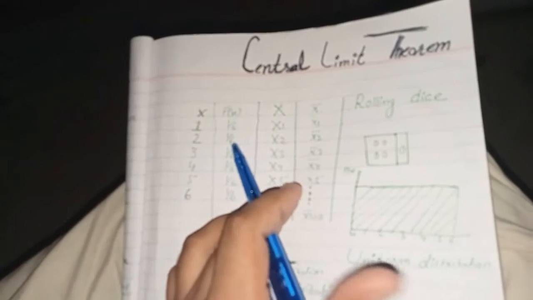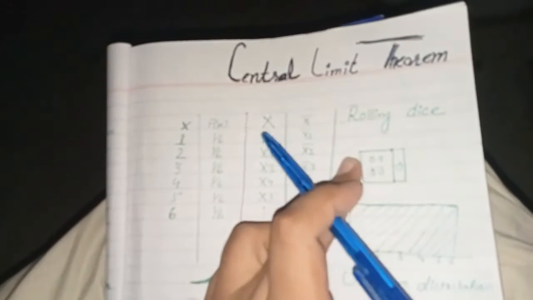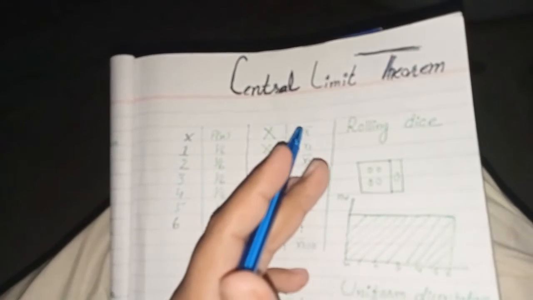It is a 1/6 probability, right? Then what is the probability that 2 will occur on a dice? It is also 1/6, similar to 3, 4, 5 and 6. Why? Because the total numbers on a dice are 6. For each number there is a probability of 1/6.